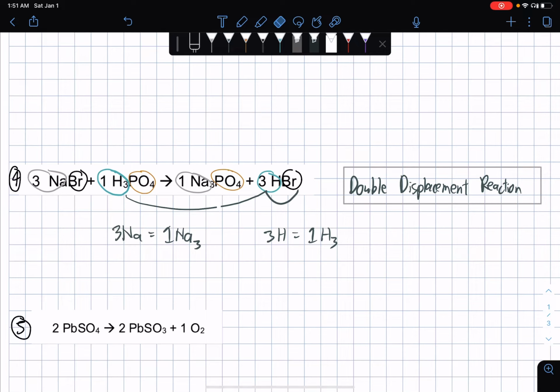All right, for number five, suppose it's pretty obvious. Let's say this is the product, and these are the reactants. So it could be said that this is already a decomposition reaction.